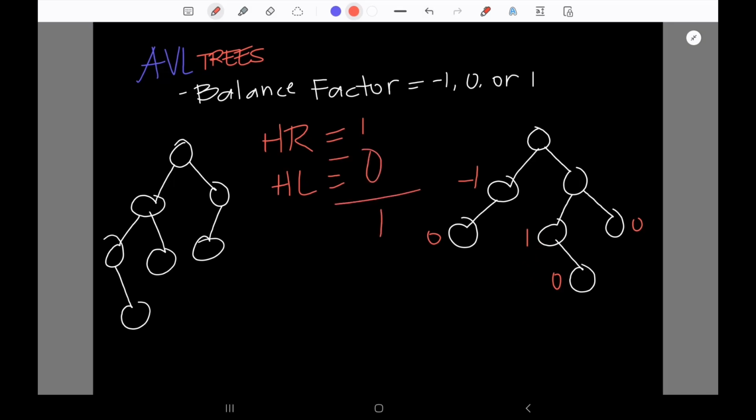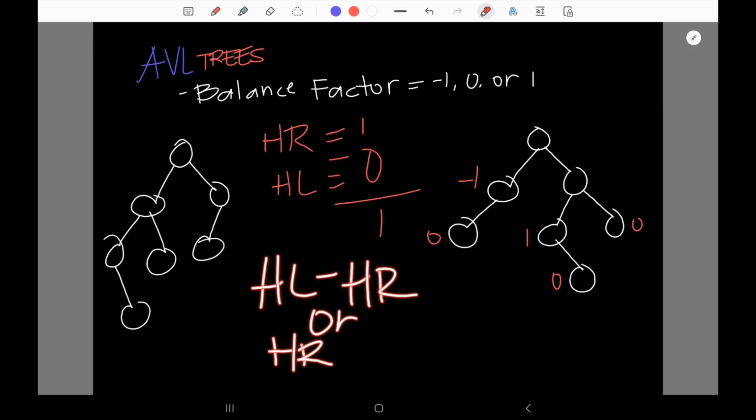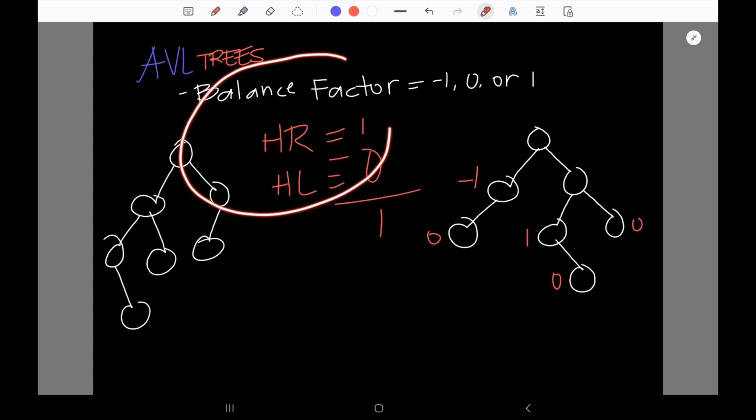So 1 here. So it is totally up to you kung HL minus HR or HR minus HL for the balance factor, guys. Balance factor niya. Okay, moving on.